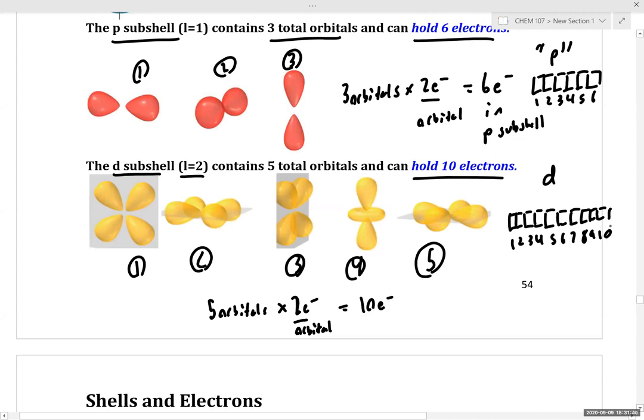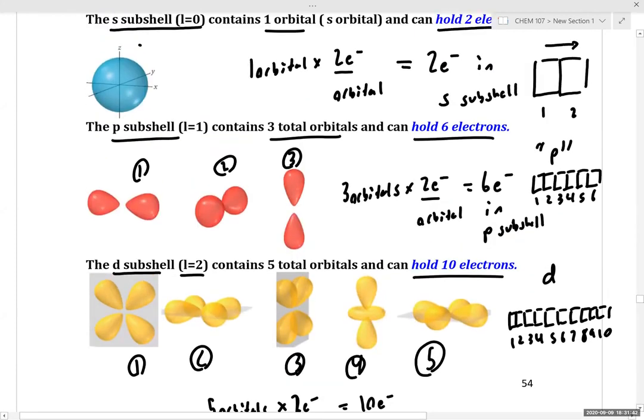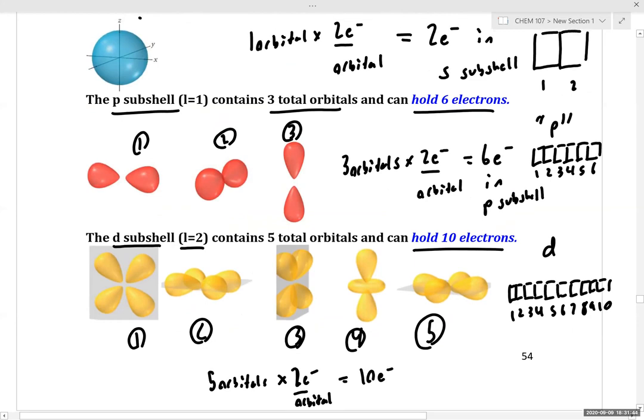So is everyone comfortable with the number of electrons in a subshell? Any questions on this?